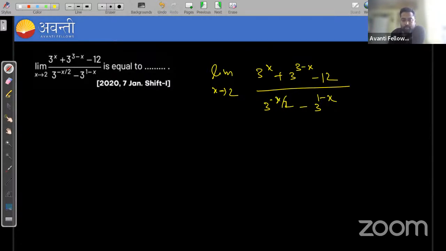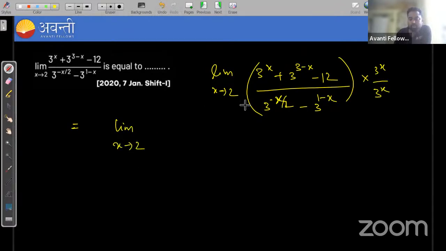But to make the calculation easier, I'm multiplying the numerator and the denominator by 3 raised to x. After multiplying, what are we getting? Limit as x tends to 2, 3 raised to x into 3 raised to x gives 3 raised to 2x, plus 3 raised to 3 minus 12 into 3 raised to x, divided by 3 raised to x by 2 minus 3 raised to 1.